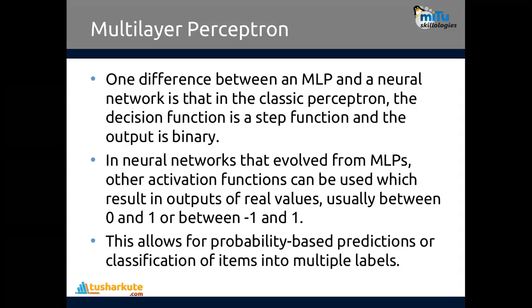Not only step functions, but different kinds of functions are used, which result in different kinds of values, not only zeros and ones, but values between 0 and 1, or between -1 and 1. So MLP is again modified with the problem to solve, which are of regression and classification categories.